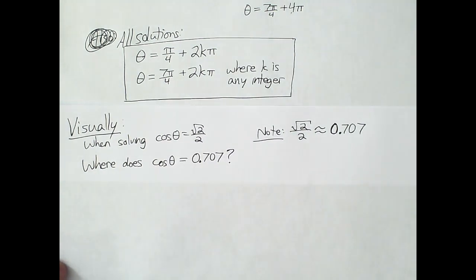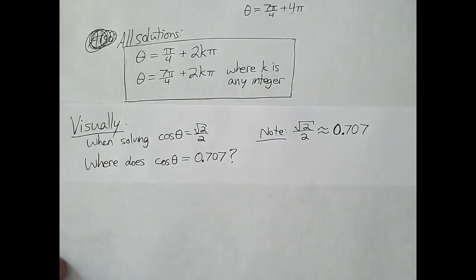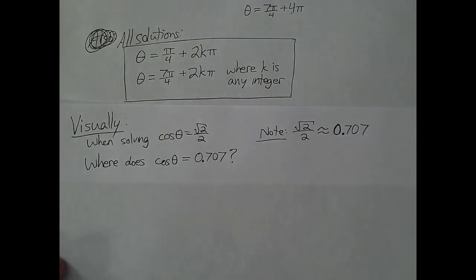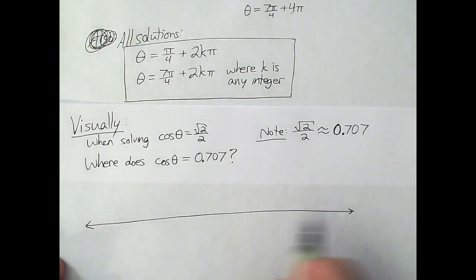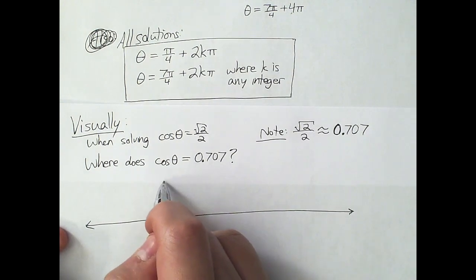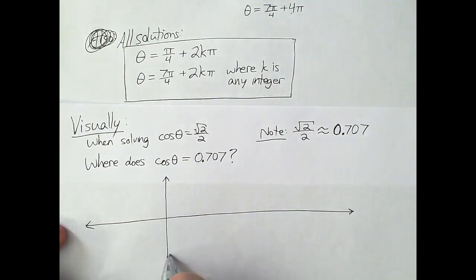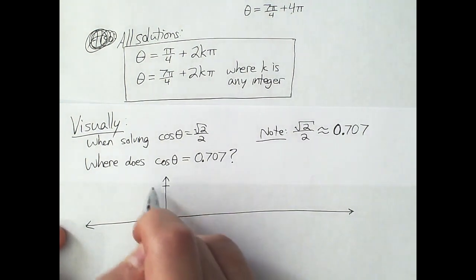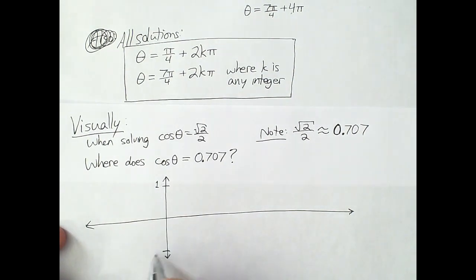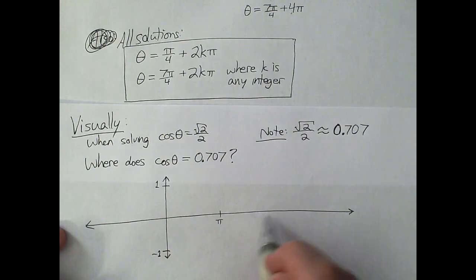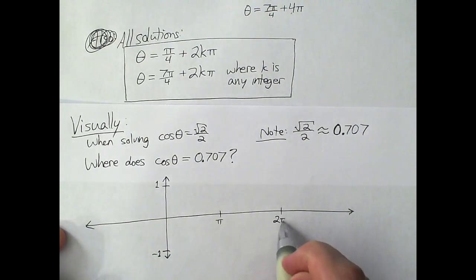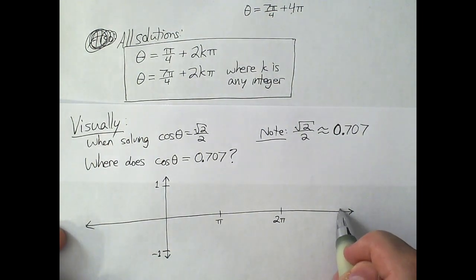Now, we already have tried to visualize this on the unit circle, but there's another way that we can visualize it, isn't there? We could look at the graph of cosine. Maybe we haven't graphed cosine in a while. Remember that the highest up that it goes is 1, the lowest it goes is -1. Some important points might be pi and 2 pi. Let's draw 3 pi.